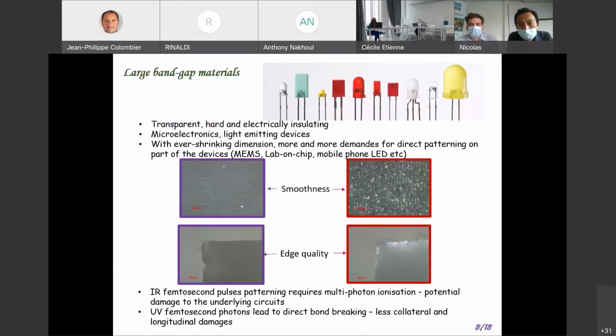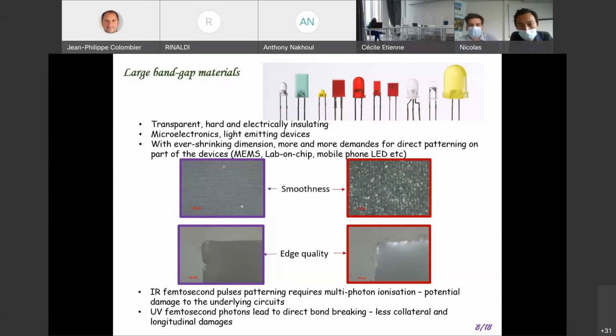And then a next example on large bandgap materials, and this is because the electronic structures of the material are transparent, very hard, and electrically insulating. Materials like silicon carbide, gallium nitride, and sapphires are very commonly used in microelectronics and light emitting devices.